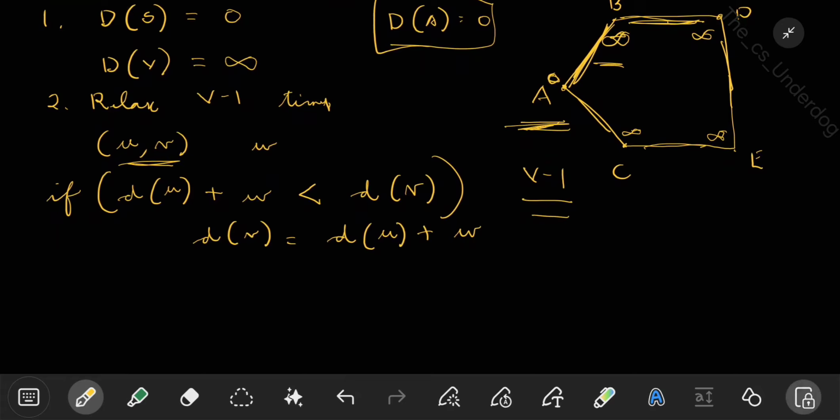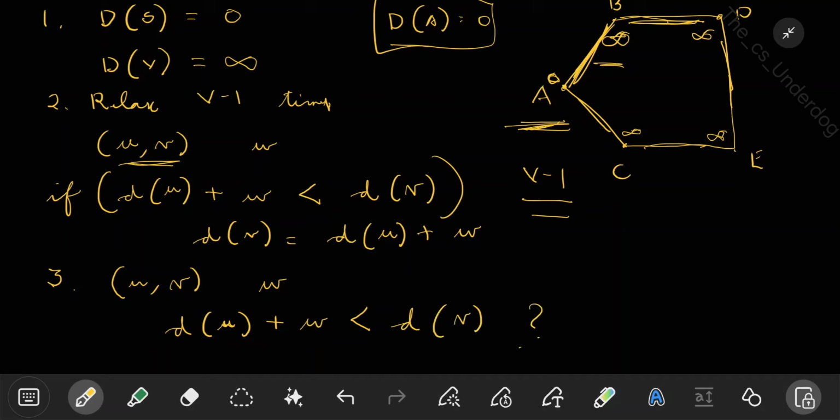How will you see that? In order to detect a negative weight cycle, you already did the relaxation V minus 1 times. After this, try one more relaxation. For a Vth time, try to relax all the edges. This time, if you are able to detect any edge uv with a weight w such that distance to u plus the weight of this edge is less than distance to v, what does this mean?